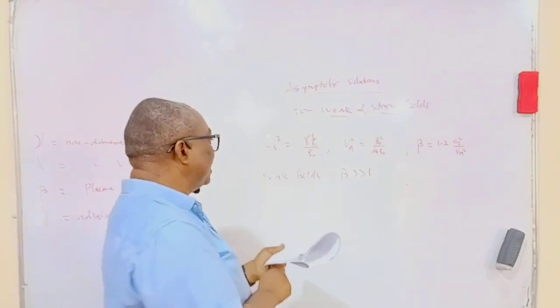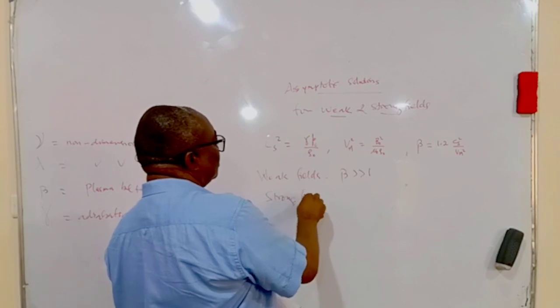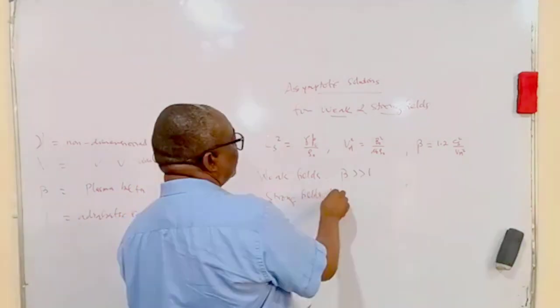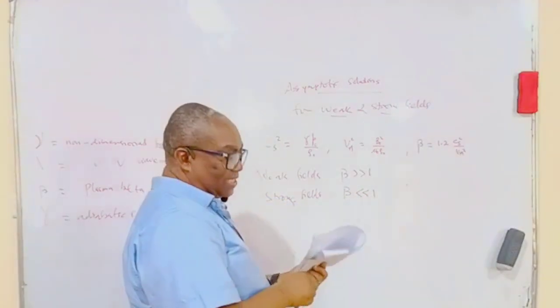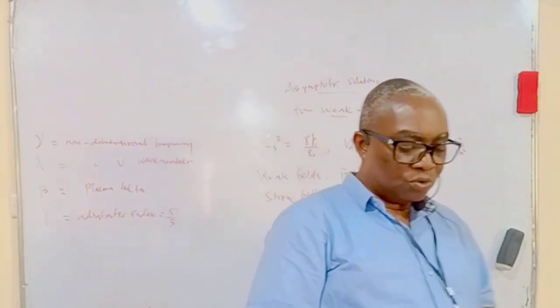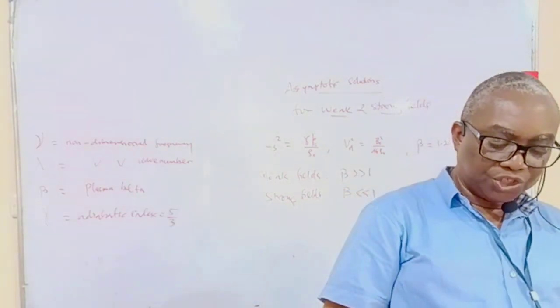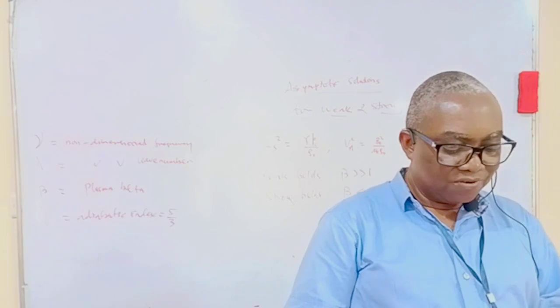And then you will now see that the strong fields will be valid when beta is far less than 1. That's exactly what would demarcate the two sides of the solution. So we must have two modes to consider for each field.